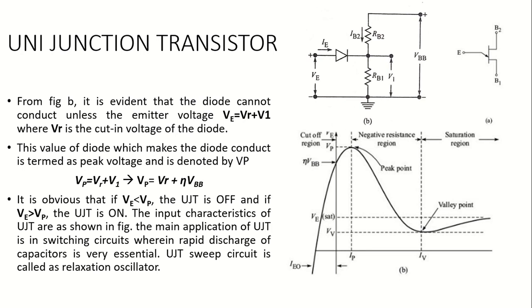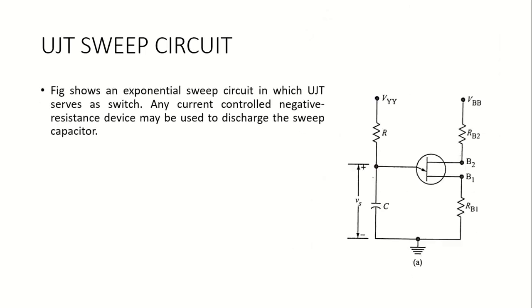Let us move on to how this unijunction transistor is used to design a sweep circuit. In the previous exponential sweep circuit, we saw that we had taken a switch across a capacitor which is connected to a resistor and to a supply voltage. So this UJT is now used as a switch in place of S in the exponential sweep circuit.